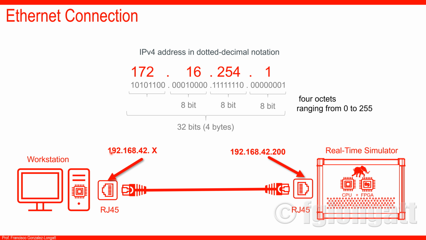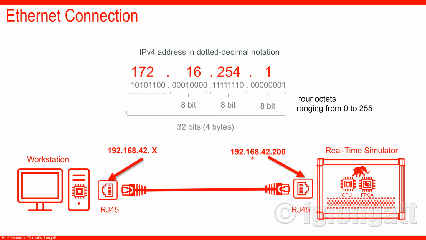What I'm telling you is that if the real-time simulator address is 192.168.42.200, well, in order to establish the communication from the workstation to the real-time simulator, we need at least one IP address at the workstation that must follow 192.168.42.x, where x is a number between 0 and 255 and different to 200, okay?